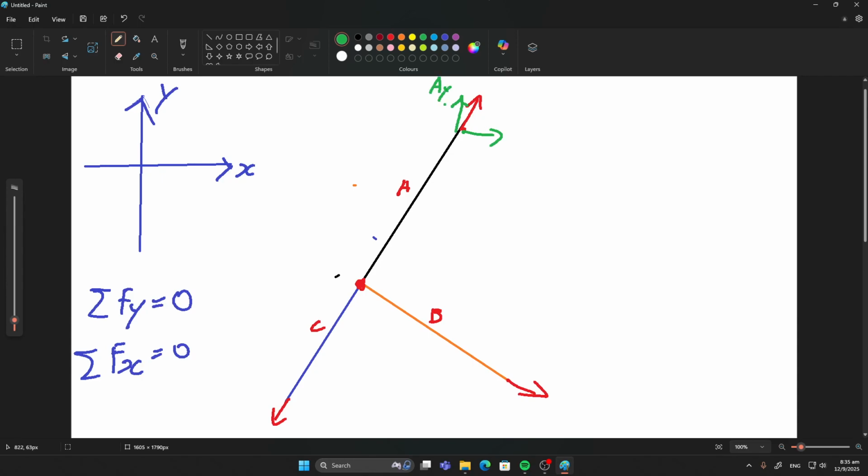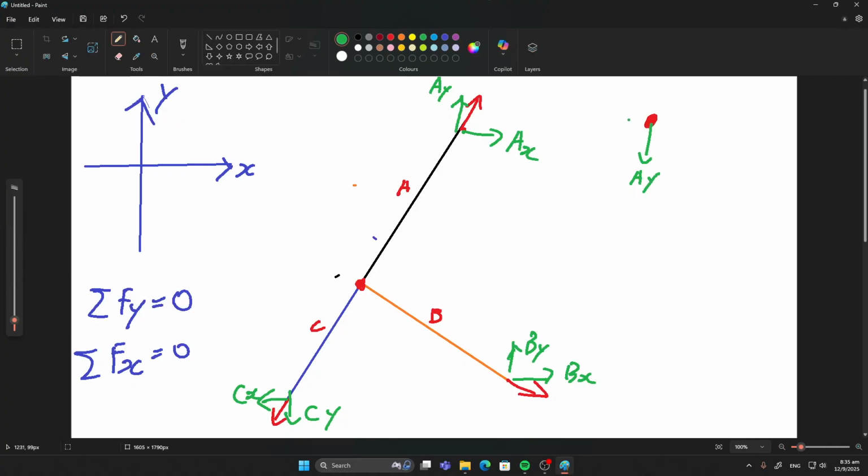So it's Ay and Ax. By, Bx. Cx, Cy. Drawing the reference point. Okay, so my Ay is pulling downwards because equal and opposite.